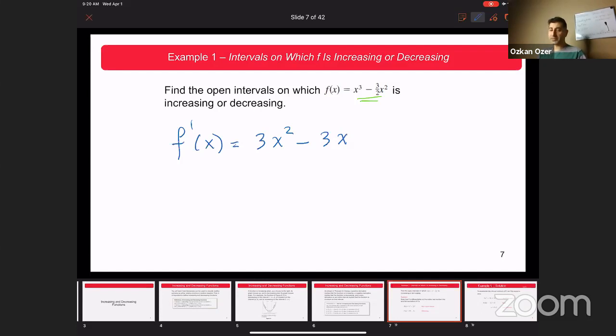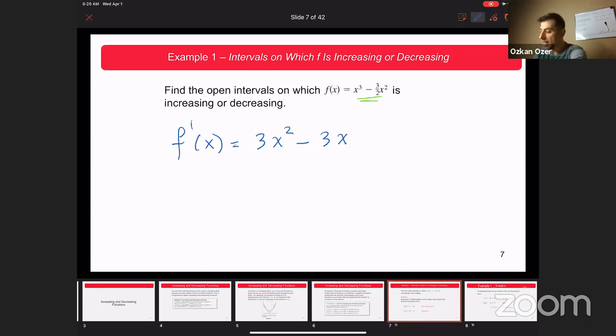So once you have f prime, you can look at the sign of f prime on different intervals to determine the increasing and decreasing behavior. But to determine the sign of a function, in this case f prime, you have to look at the zeros of the function, right? So you want to know if the graph of f prime is above the x-axis or below the x-axis. So you need the x-intercepts, in other words.